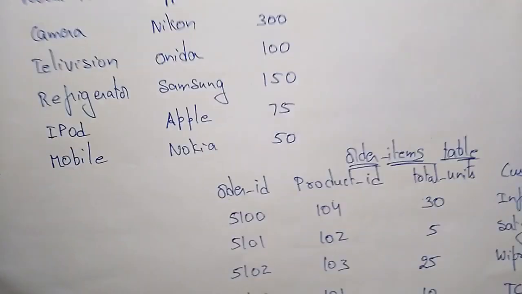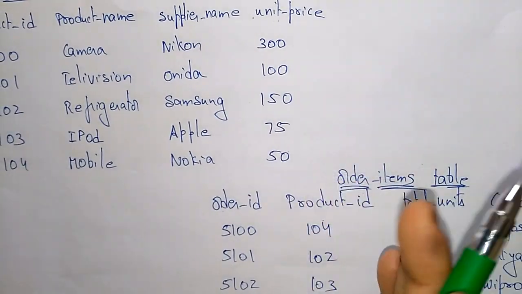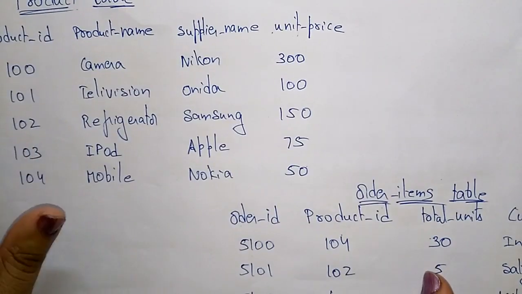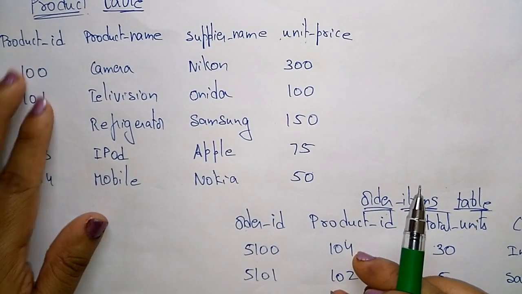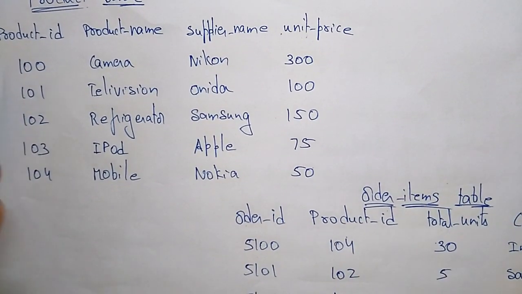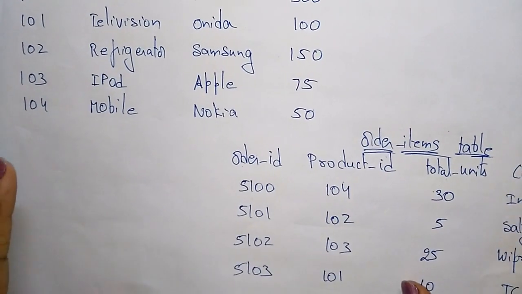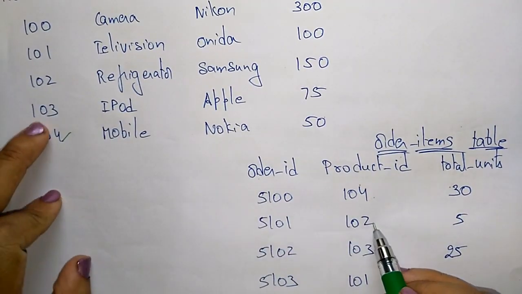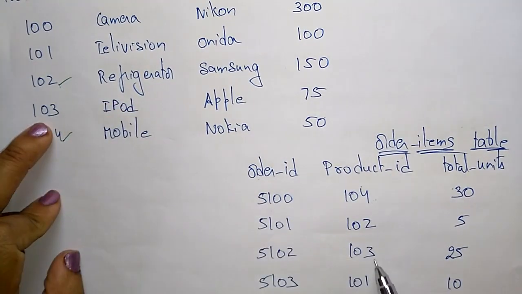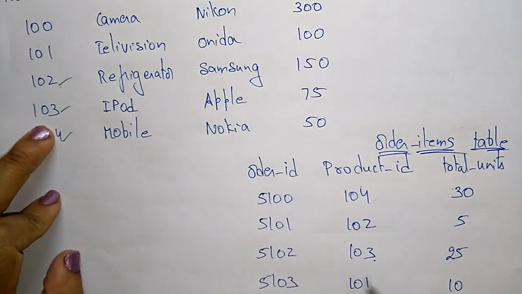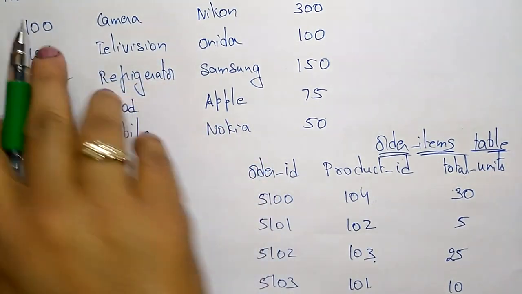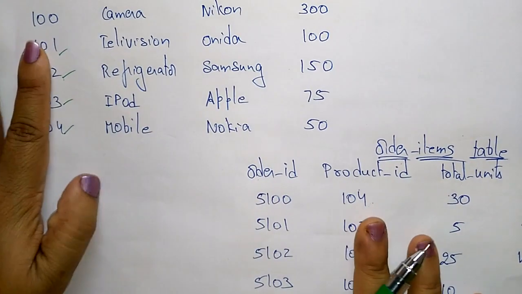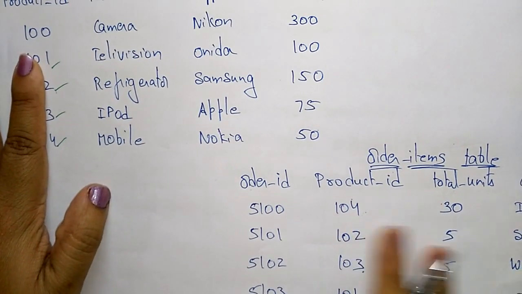I have to select those items which are equal in both tables. Except 100, the product IDs 104, 102, 103 and 101 are equal, so those rows I have to select.